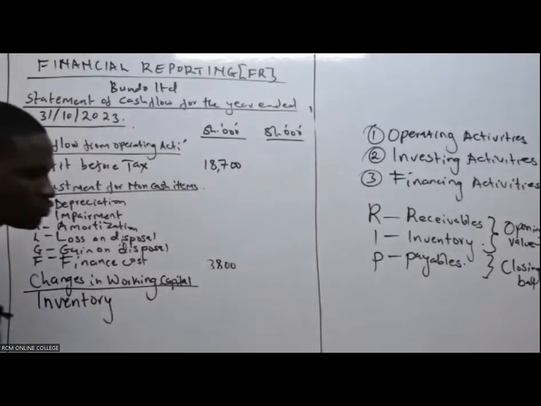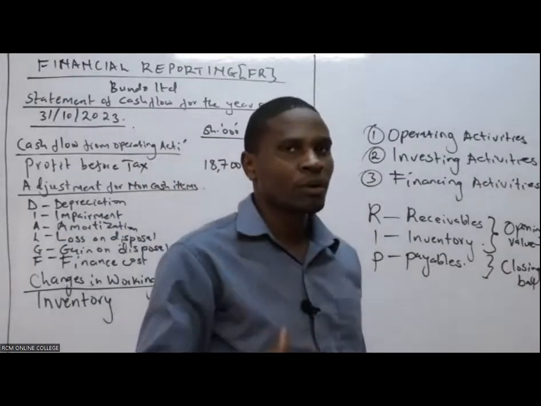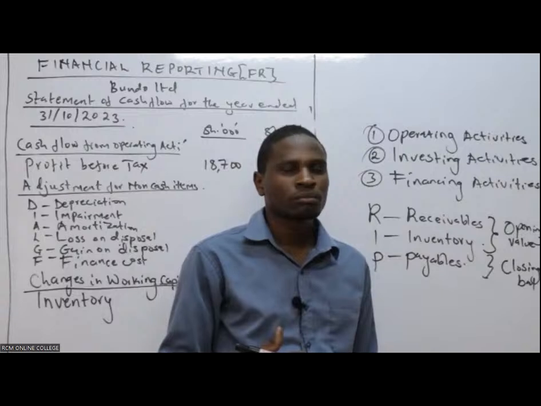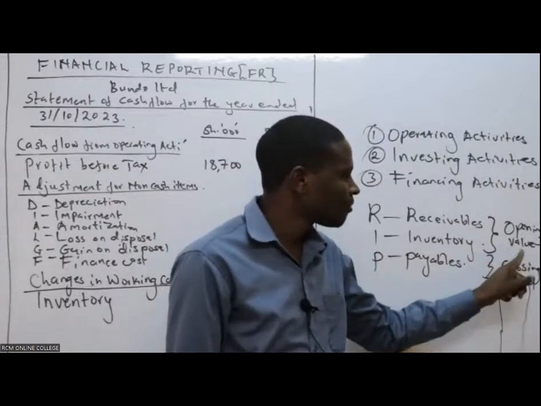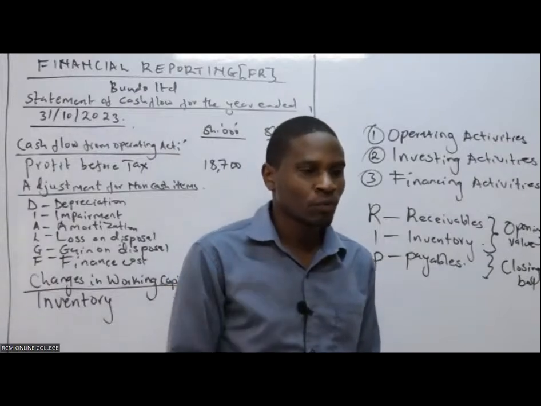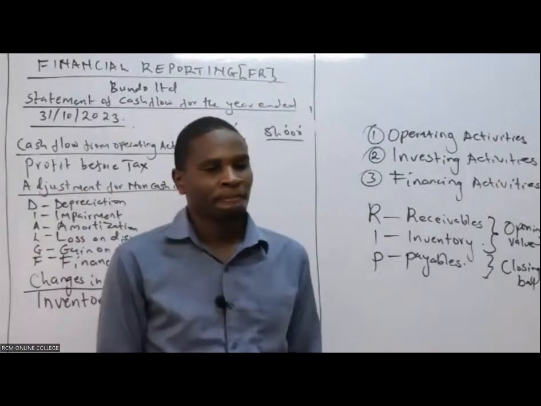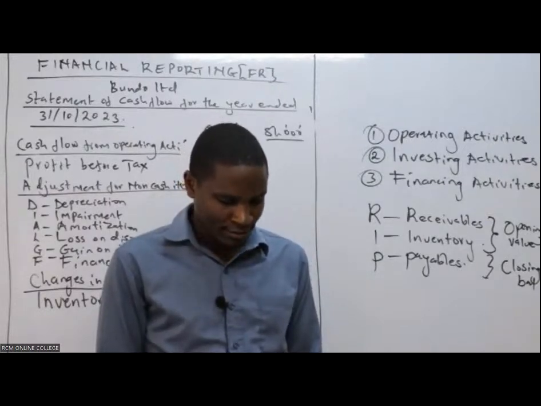I want somebody to tell me what was the balance brought down, or what is the opening balance, for inventory? 5760. Let me see. I have to look at it.